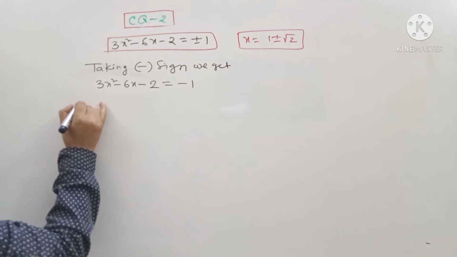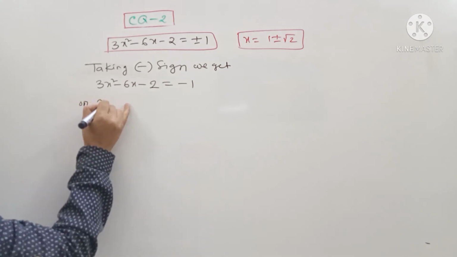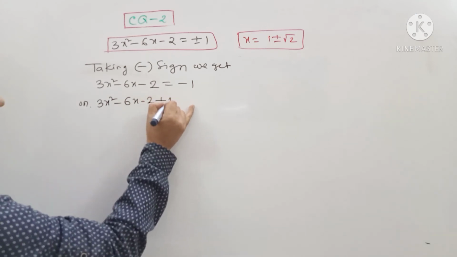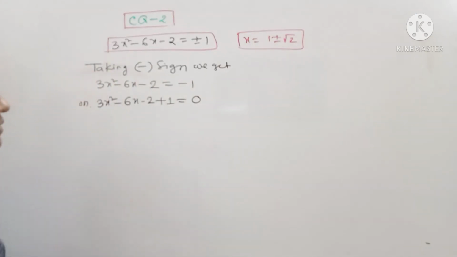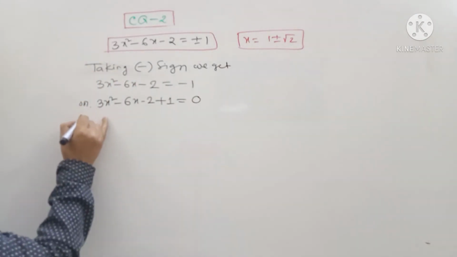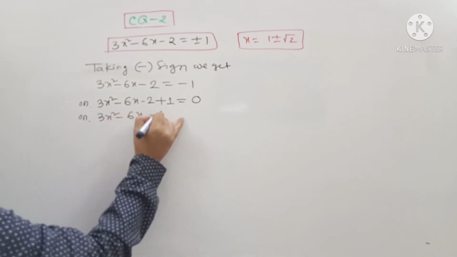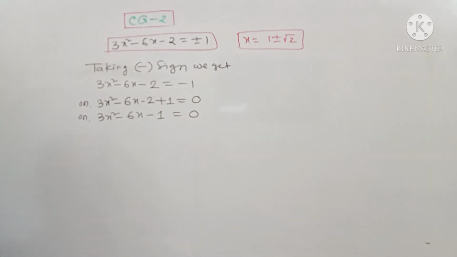Now take it to the left side: 3x squared minus 6x minus 2, minus minus will be plus, right side will be 0. So 3x squared minus 6x minus 1 equals 0.